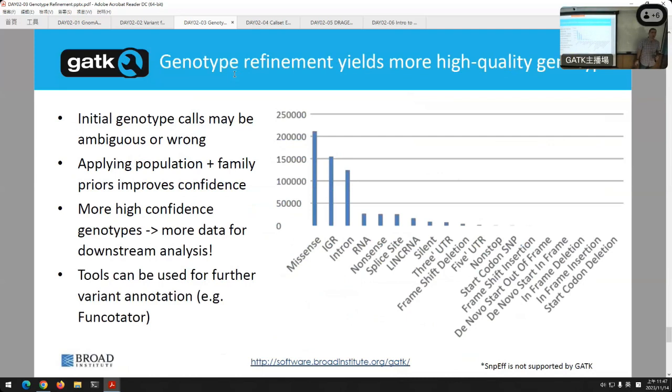But once you do genotype refinement, the whole plot shifts to what you would expect to see: most of the mutations that you find in exons are actually synonymous, and the ones that went away were the ones we did not expect to be there in the first place. So we skew towards normalcy after we refine the genotypes, and we see the distribution that we would expect to see.